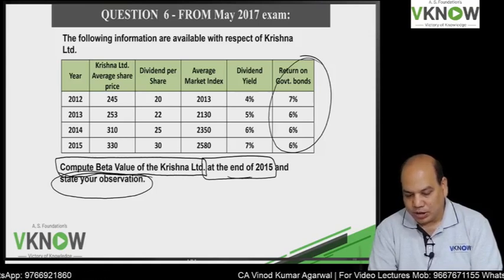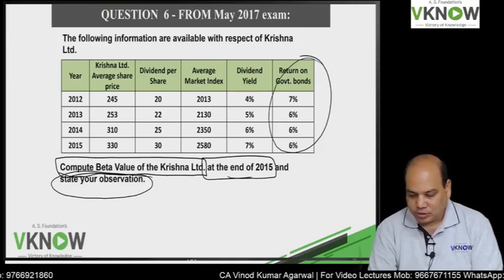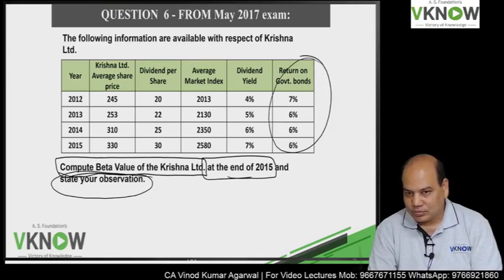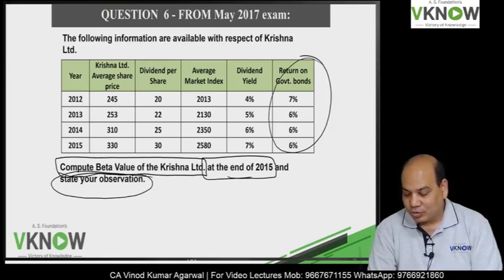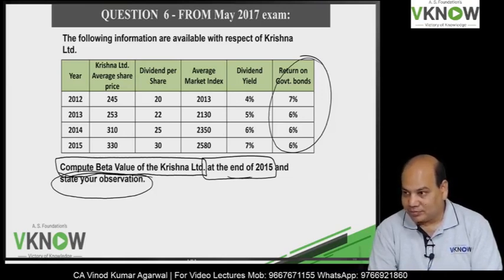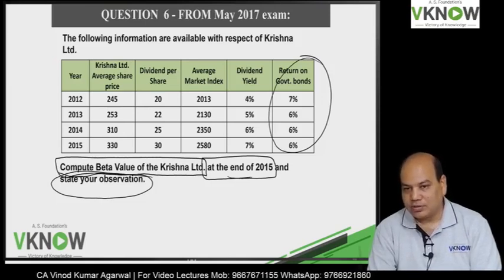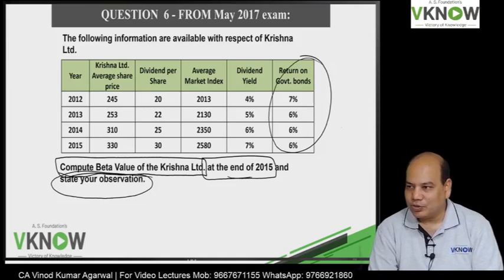First we have to compute the return of each year. Okay, then you remember the formula of beta, covariance of the stock with the market upon variance of the market portfolio.